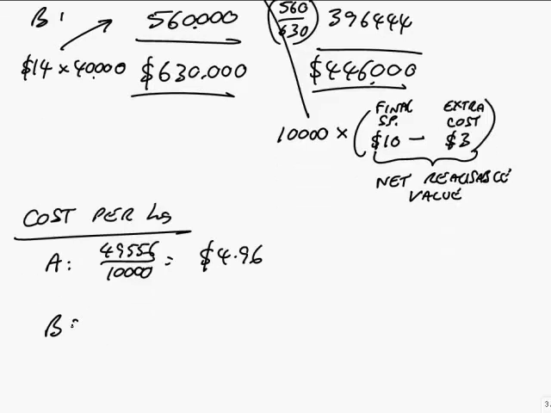B, we got a total cost of 396,444. The total production of B was 40,000 kilos, which gives us a cost per kilo of, again to the nearest cent because it doesn't divide, is it 9.91?